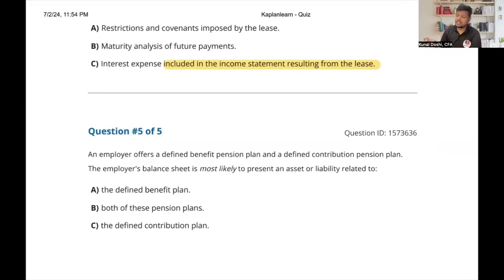So that is called maturity analysis of the future payment. That is compulsory. This is not so easy one, but yes, whatever is the lease payment to be done in the next 5 years and beyond, that has to be reported by the lessor as lease receivable, by the lessee as the lease to be paid. Both of those have to be reported.